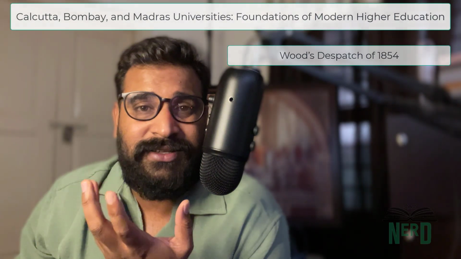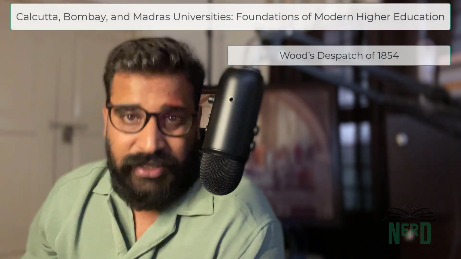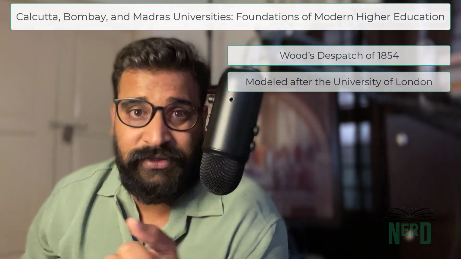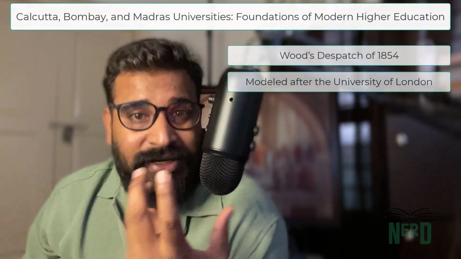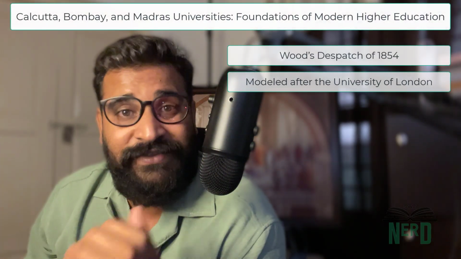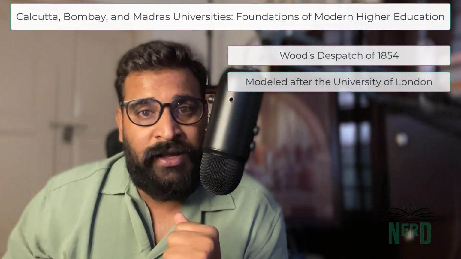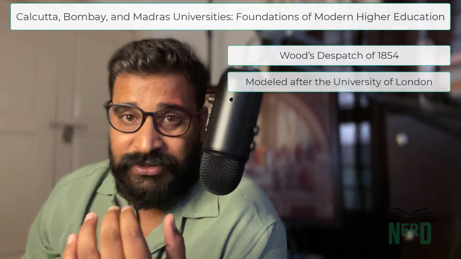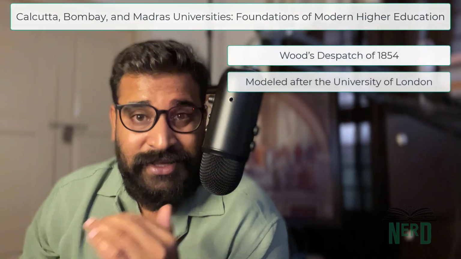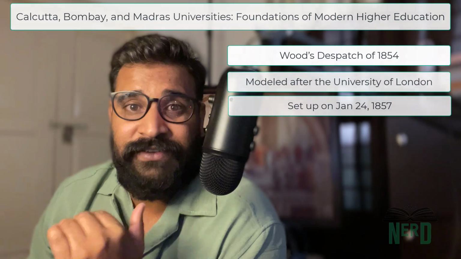But these weren't just like today's universities, they were modeled after the University of London, Oxford, right? They didn't teach, they conducted exams and also granted degrees. Teaching was done through affiliated colleges. And now, as you know, the University of Calcutta was the first, set up on January 24, 1857.